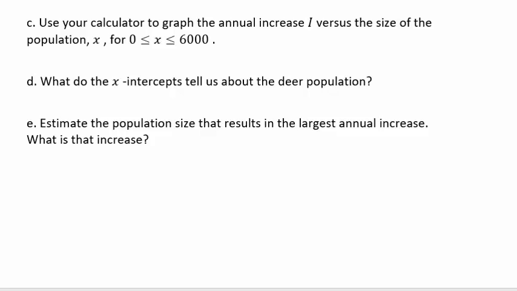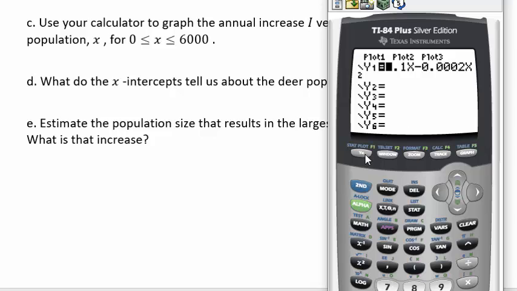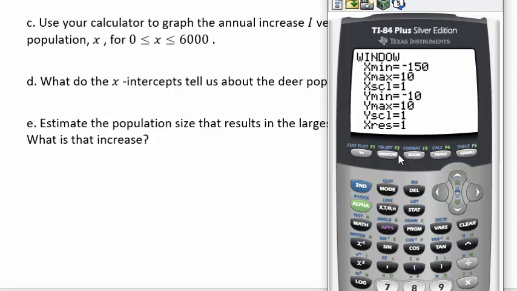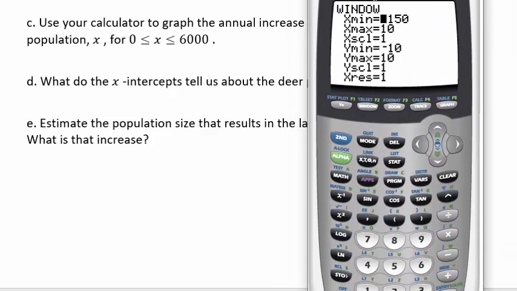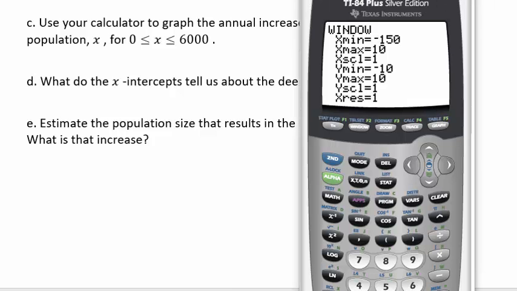In part C, we're going to look at the graph of the annual increase versus the population. Since we've already entered the function in y1, we're just going to adjust the window to match the information that we already know, and that is to look between x equals 0 and x equals 6,000.